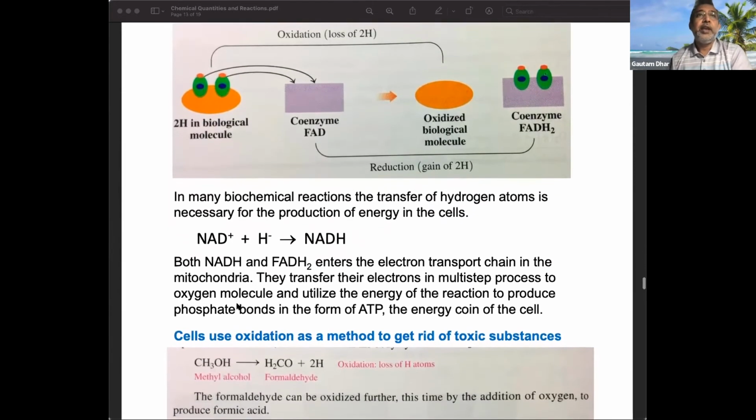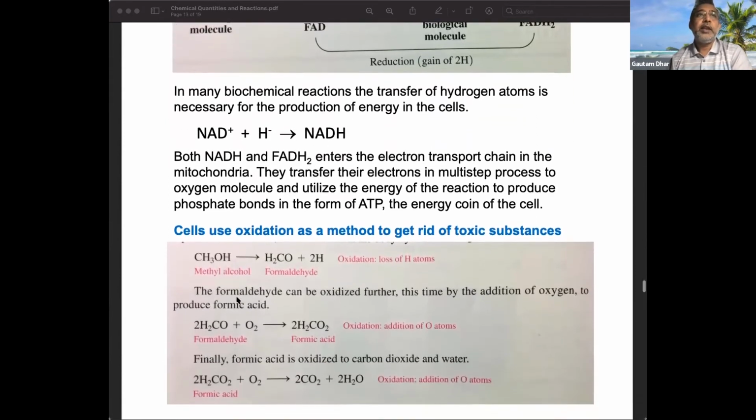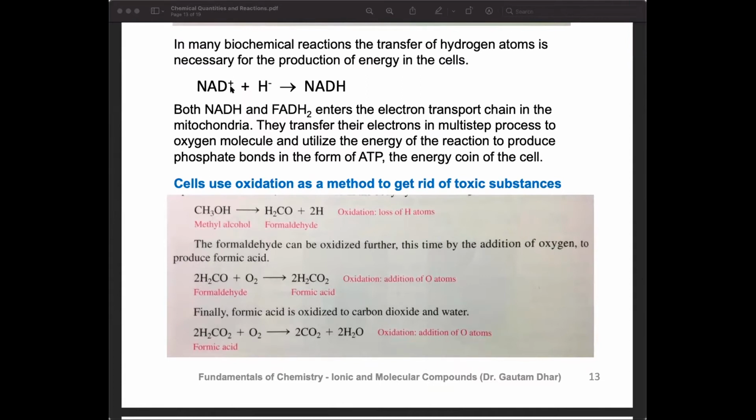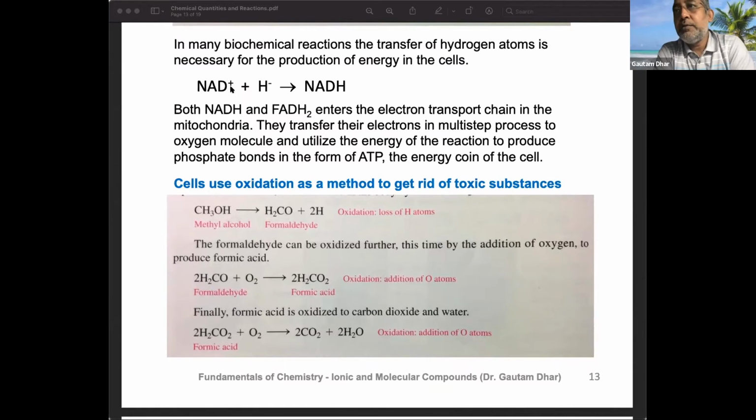And this is what is happening. Now, the cell basically utilizes NAD. I was talking about mitochondria being the powerhouse. So when you consume glucose, there's a glycolysis step that breaks down the glucose to pyruvate.